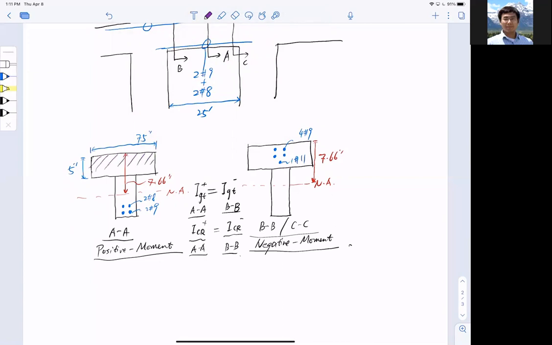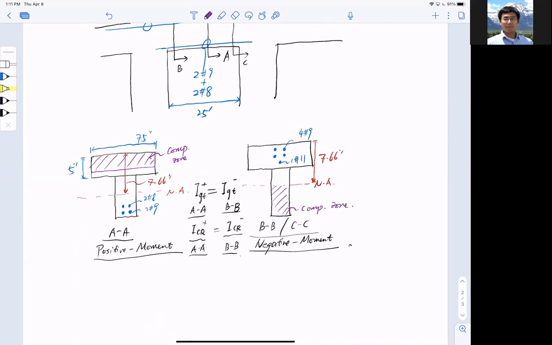I'm making our life easier, just assuming it's within the flange, and the rest of the concrete is gone for Icr, isn't it? And for this negative bending moment, the compressive zone is actually going to be here, and this is the compressive zone.